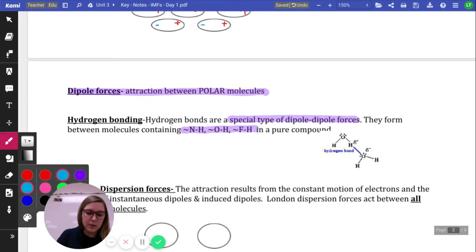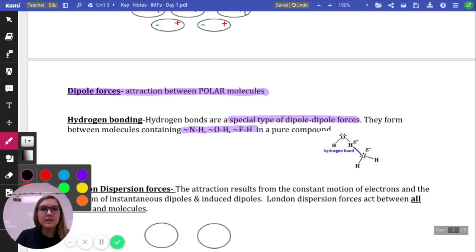Now, guys, I do want to make a note here that if you're looking at a really long carbon chain, a lot of times it may look like it has hydrogen bonding because it has oxygen and hydrogen on the end of it, but you need to make sure that the bond is accessible, especially in really long chains.